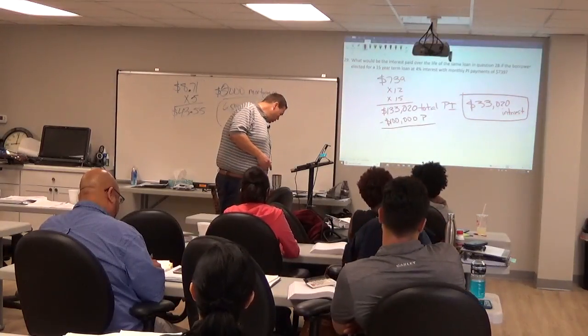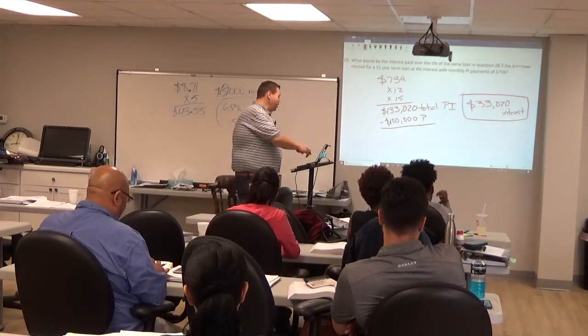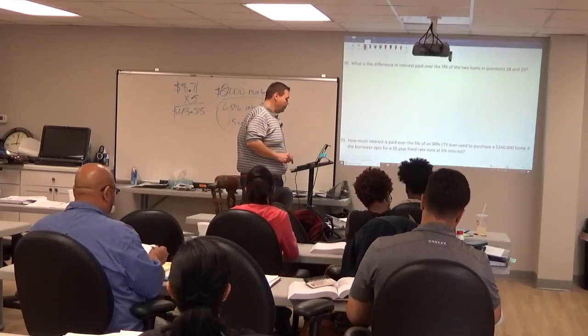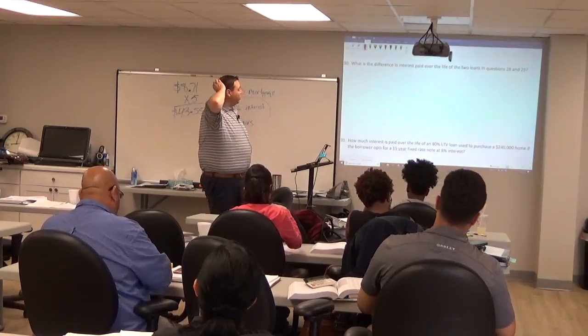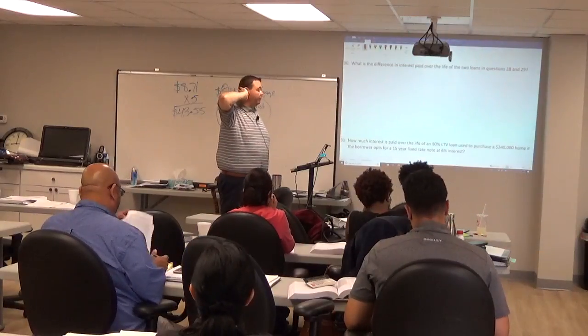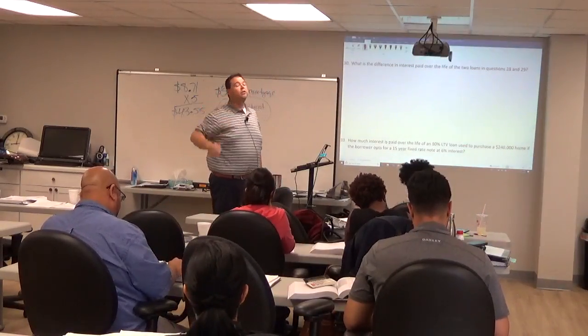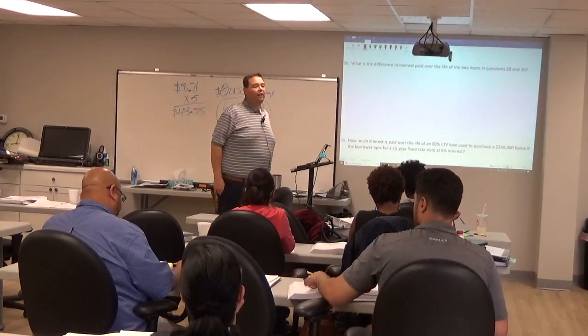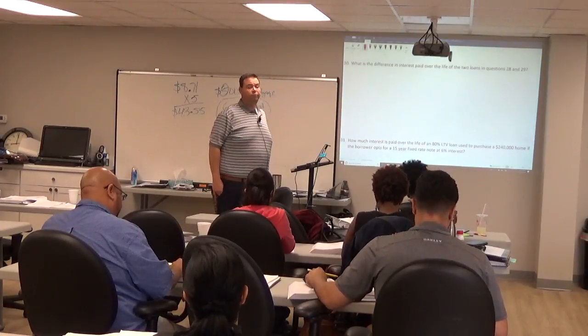Now, look at question number 30. What is the difference in interest paid over the life of the two loans in questions 28 and 29? This is the last step for finance math.